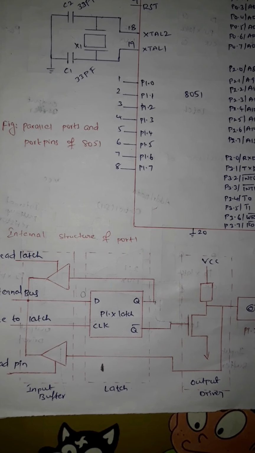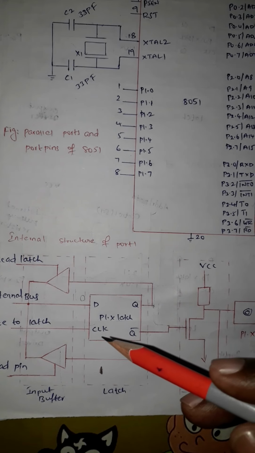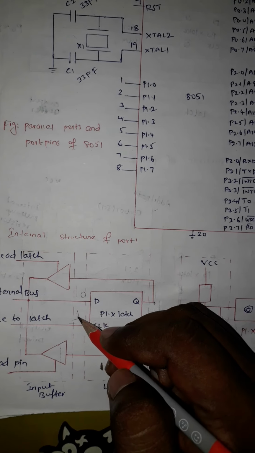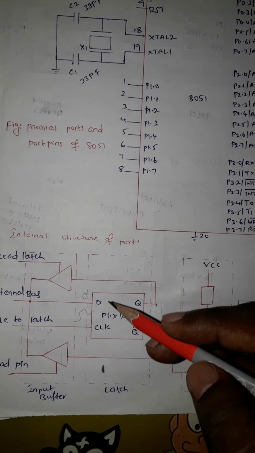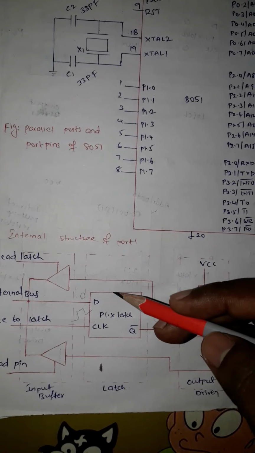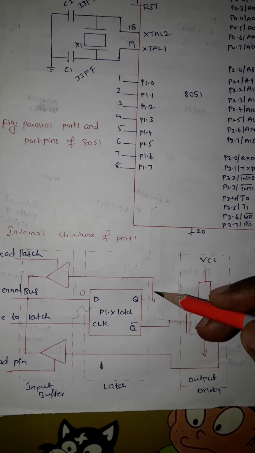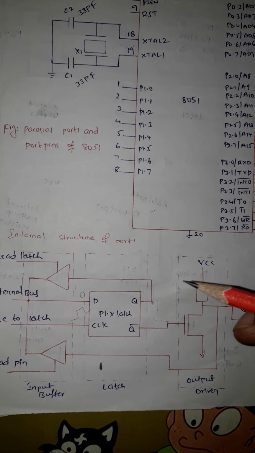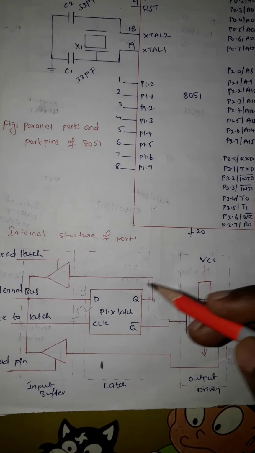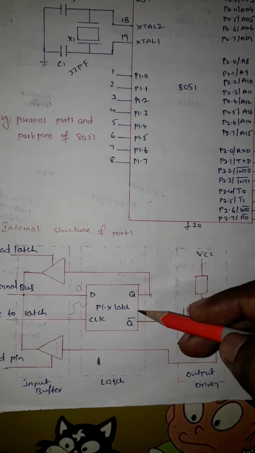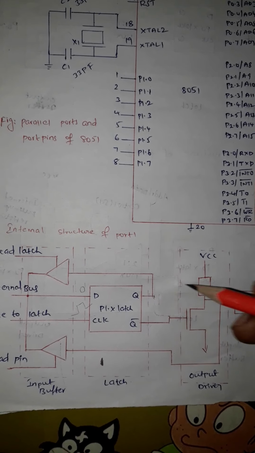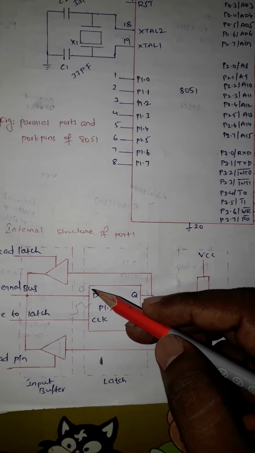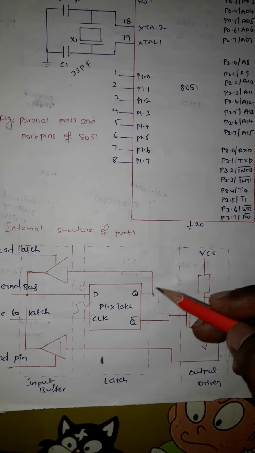The latch functions when a high clock pulse is applied to the clock pin. Whenever an input is applied, the change in input is tracked at the output Q. It simply tracks the input whenever the clock is high, whereas Q bar is simply the complement of the Q output. So whenever a positive clock pulse is applied and an input is applied to the D input, that will appear at the Q output.